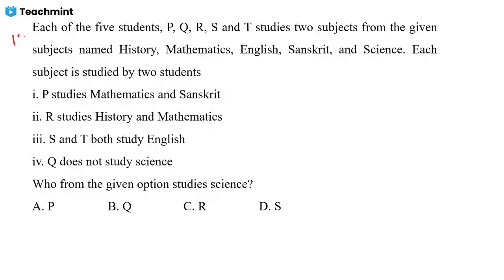We discussed big questions in puzzle test regarding that subject, students, how the subjects are assigned, how to handle that. Now let's see about this. P, Q, R, S, T study 2 subjects from the given subjects: history, maths, English, Sanskrit, and science. Each subject is studied by 2 students. They gave the conditions.